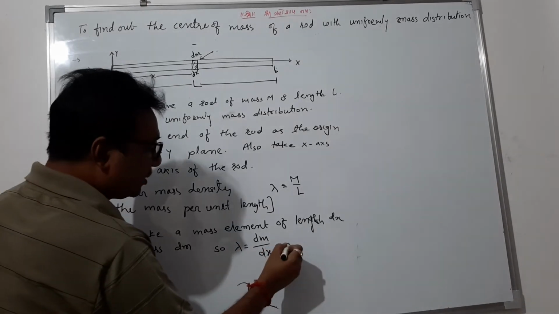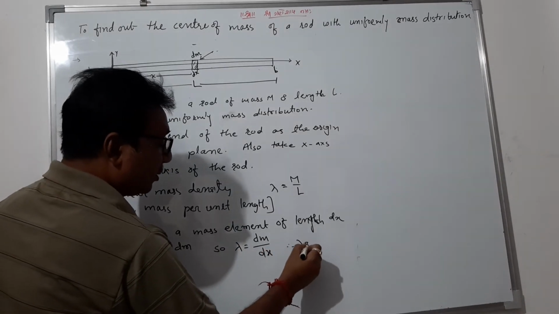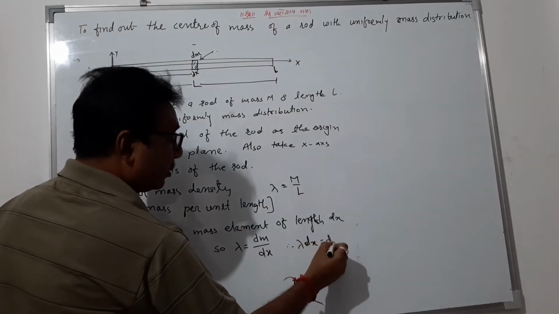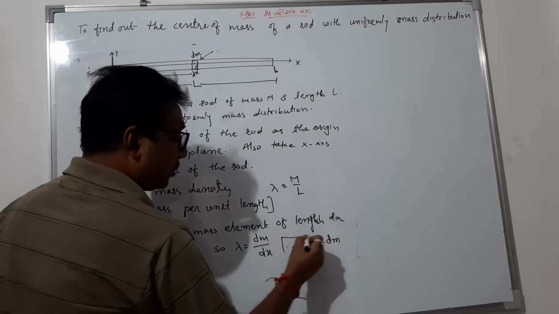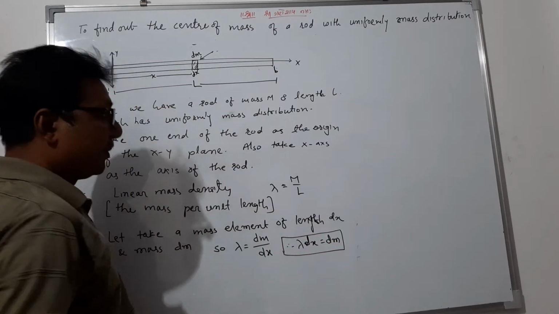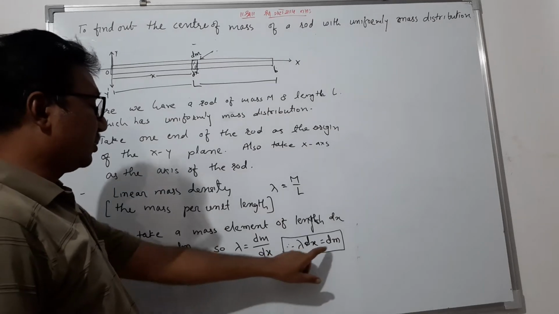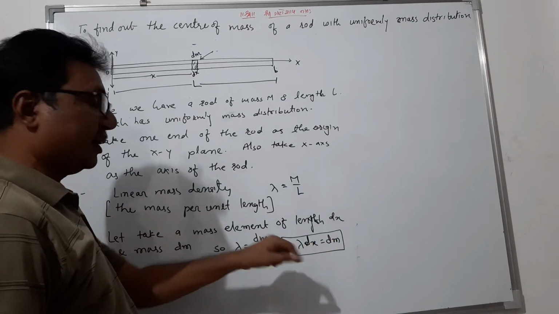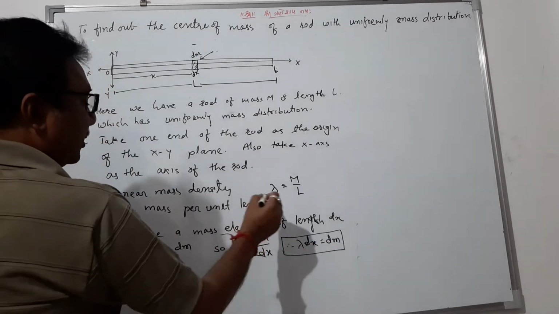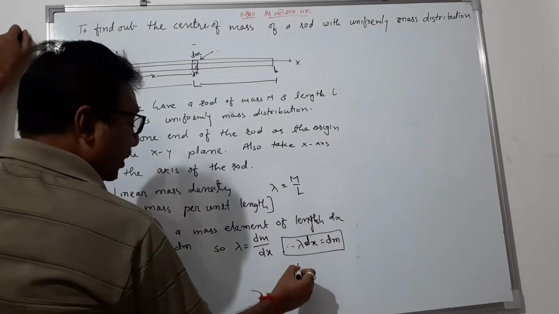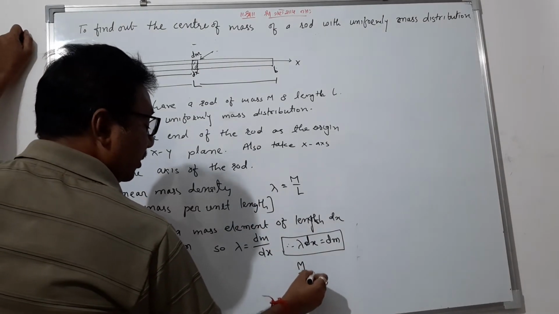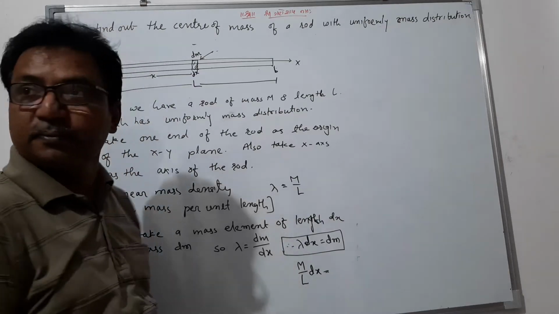Now take this into numerator. So now I got the value of dm as lambda dx. Let's put the value of lambda over here: m upon L dx.